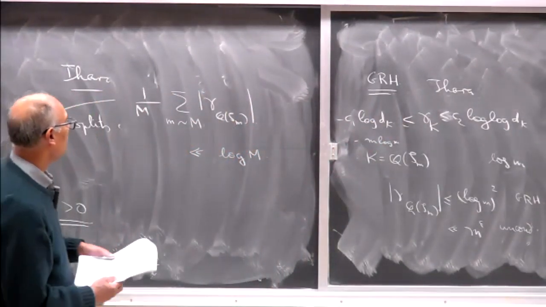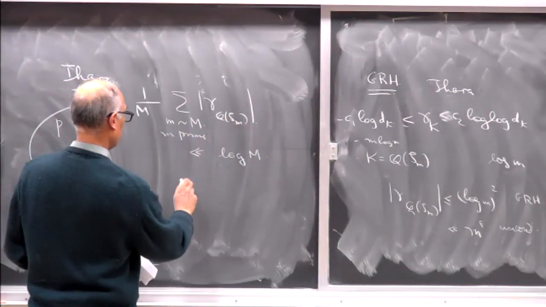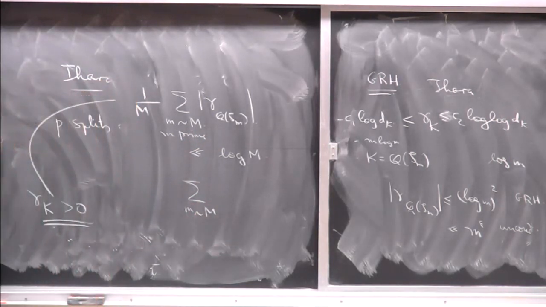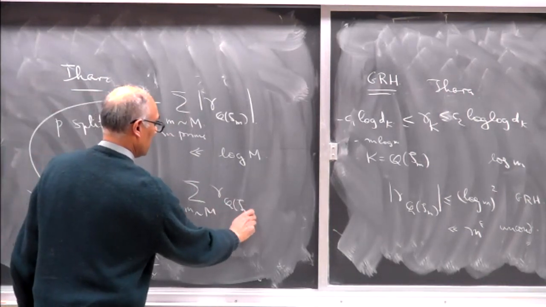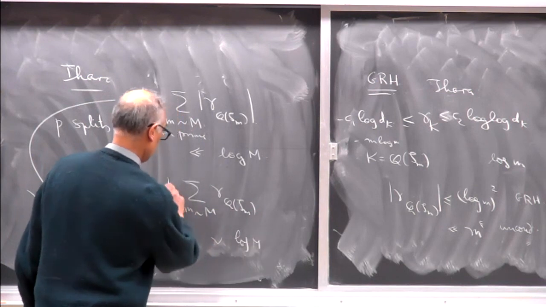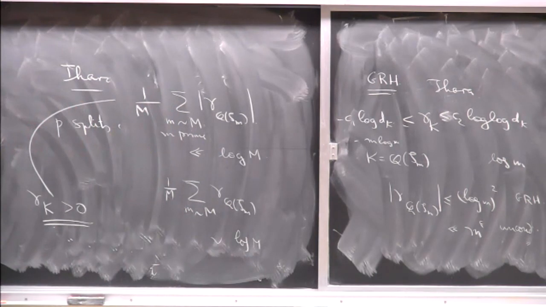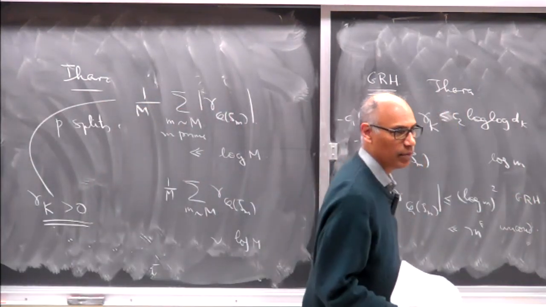This is unconditional. And Fouvry and I did this for m prime. Fouvry showed that if I remove the prime condition and just look at all m's and remove the absolute value, so now you allow oscillations, then this is actually asymptotic to log m. So that seems to be the right size. Log m seems to be the right size for this thing. So now we're worried about these constants. Okay, but that's an instance of averaging.